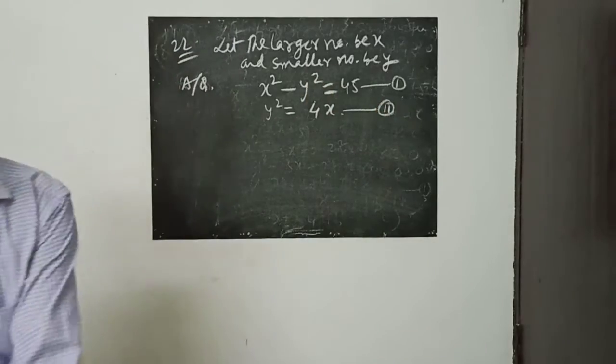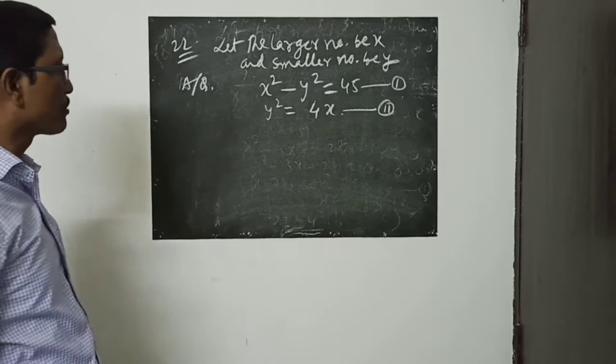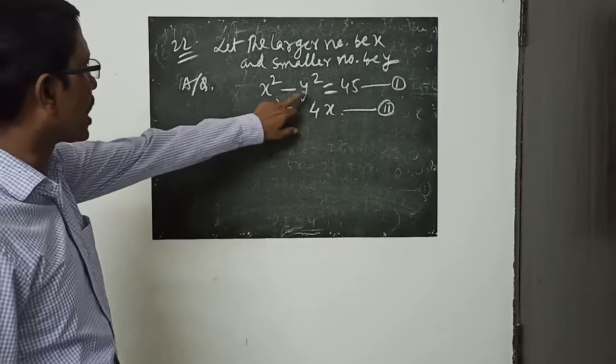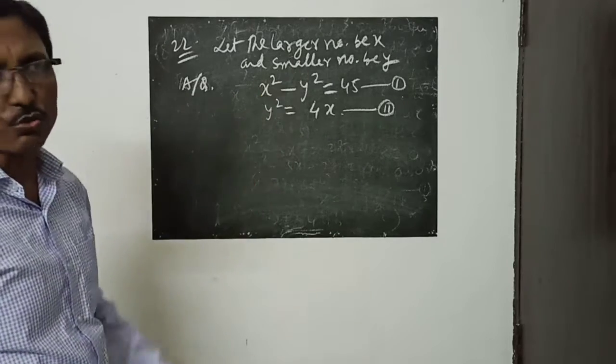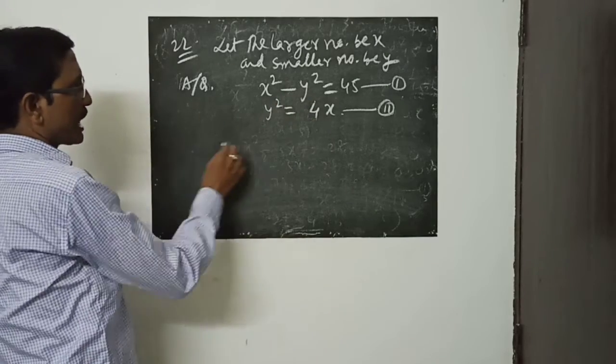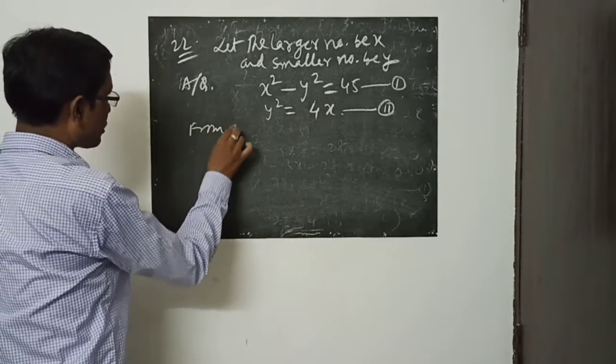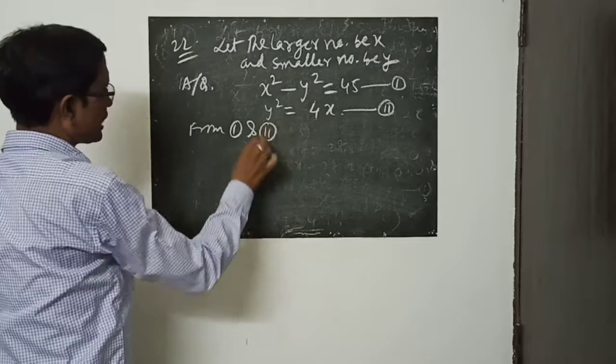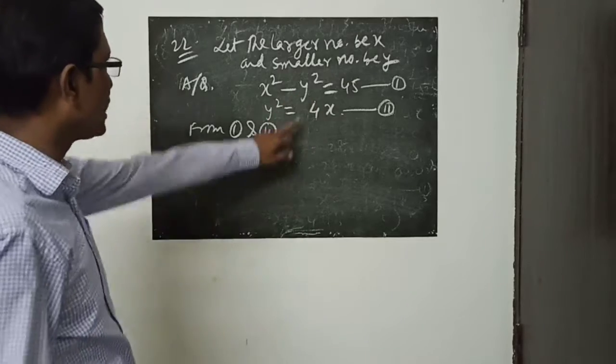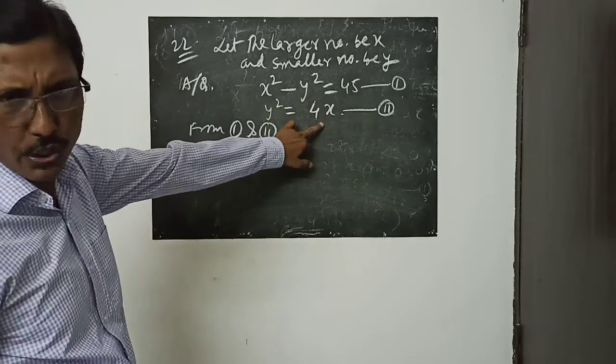So both are in quadratic equation form, but two unknowns, two variables, two equations we have. From equations 1 and 2, in equation 1, instead of y square we can write 4x.